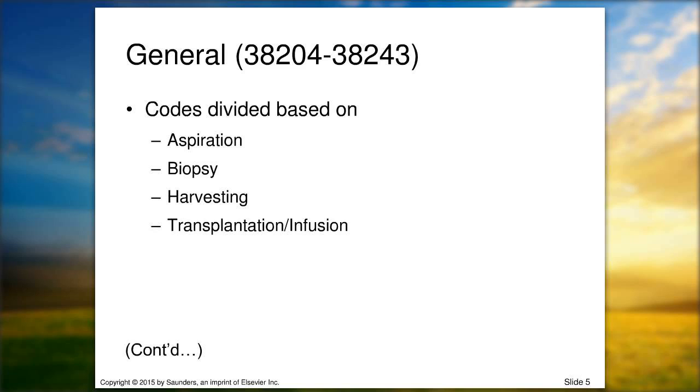Underneath your general subheading, we have types of cells that are called allogenic and autologous. The allogenic is from the same species, such as a close relative.